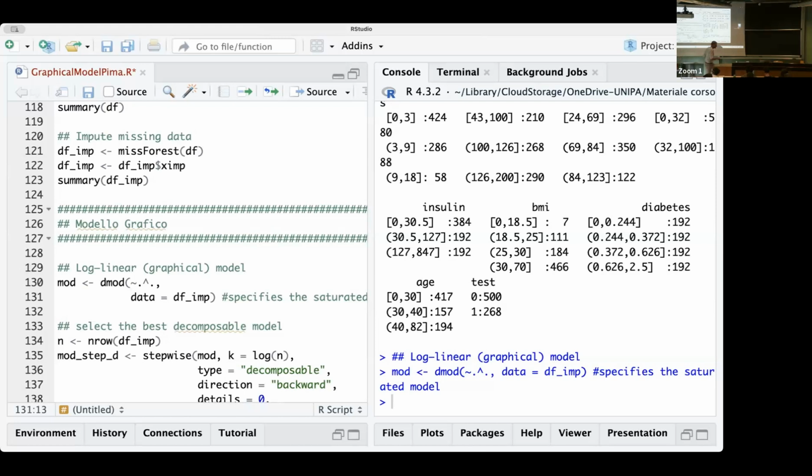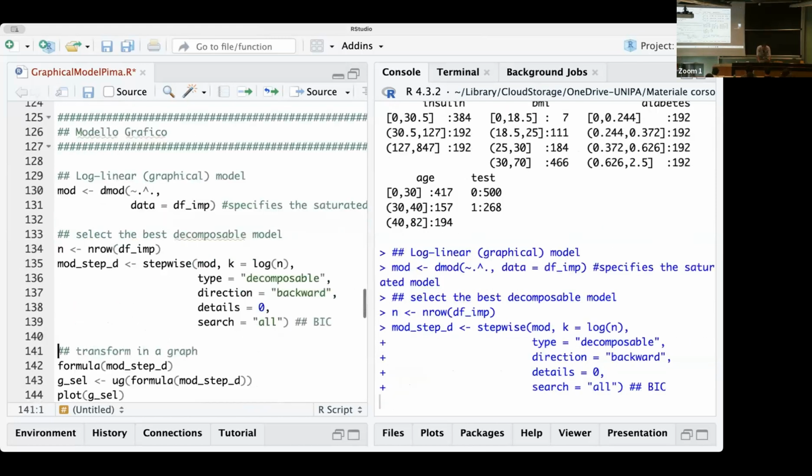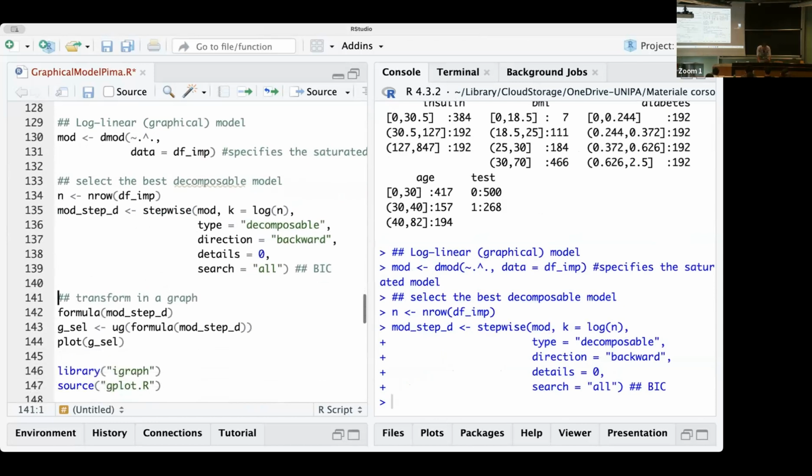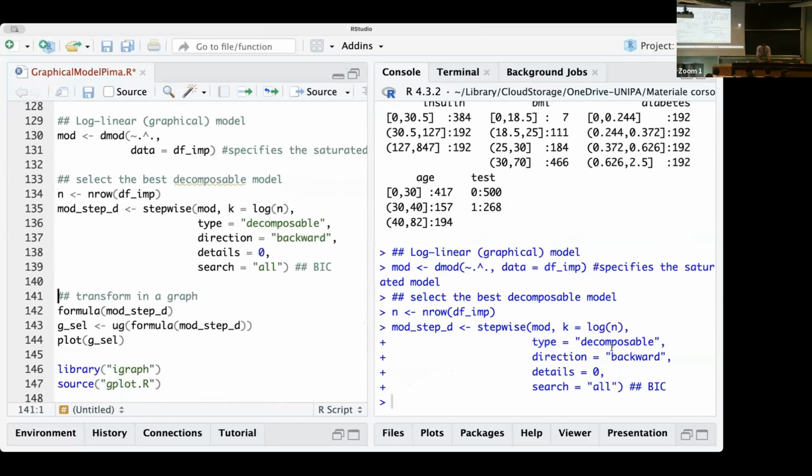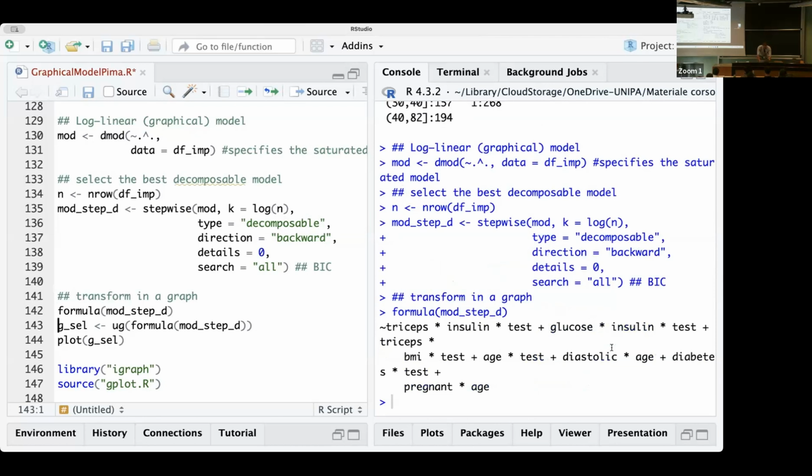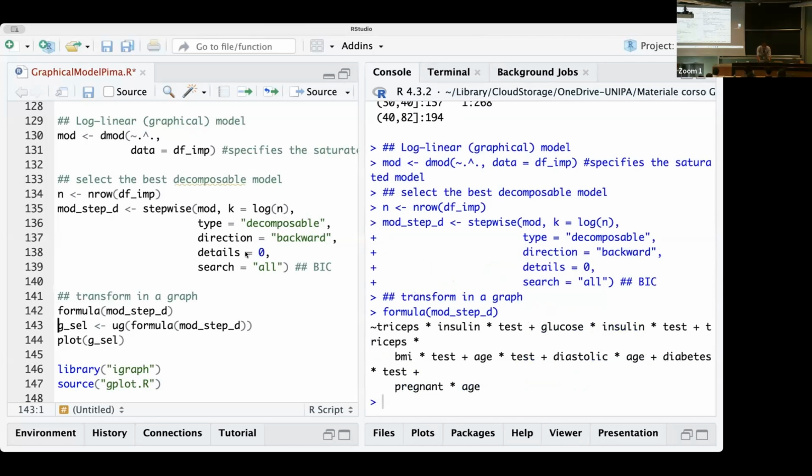So you do this model selection. Of course, the non-decomposable is going to take more time because it's an iterative algorithm. You get something like this.